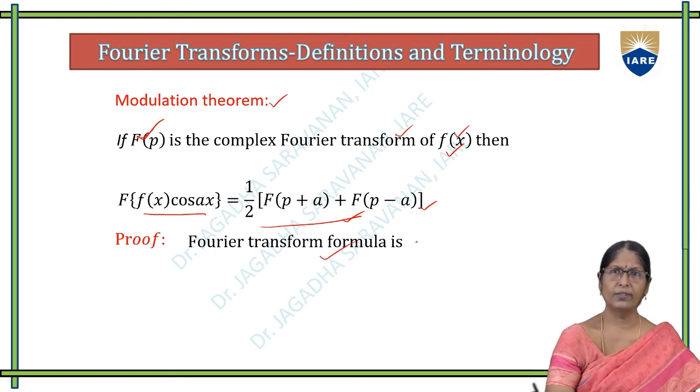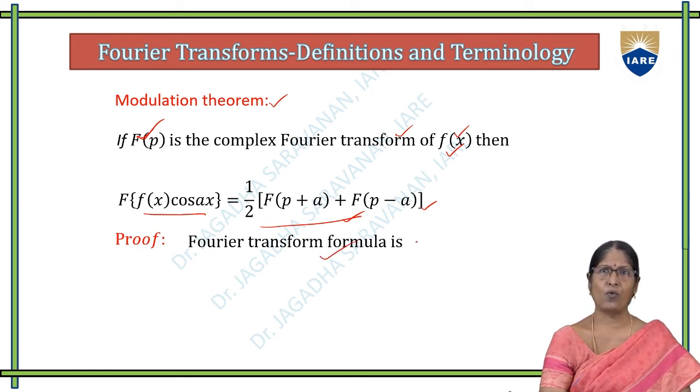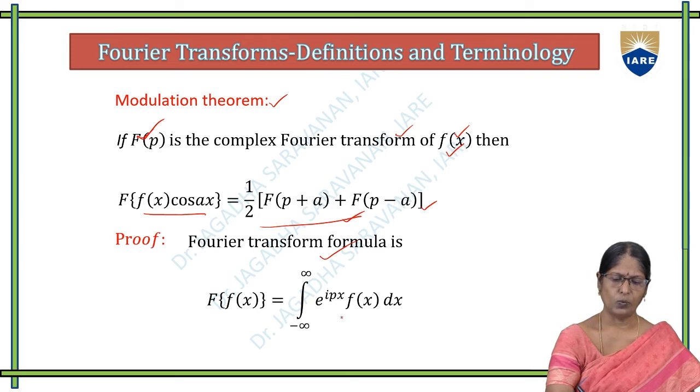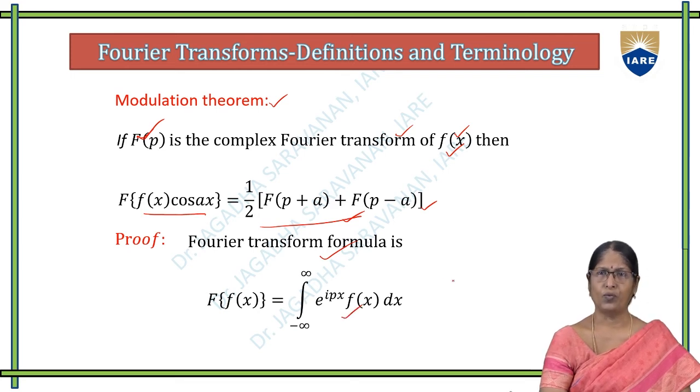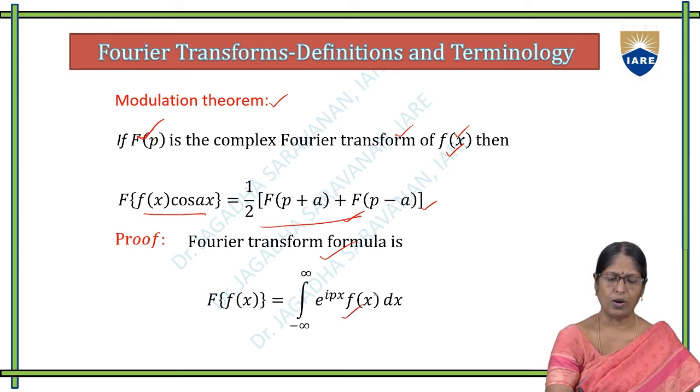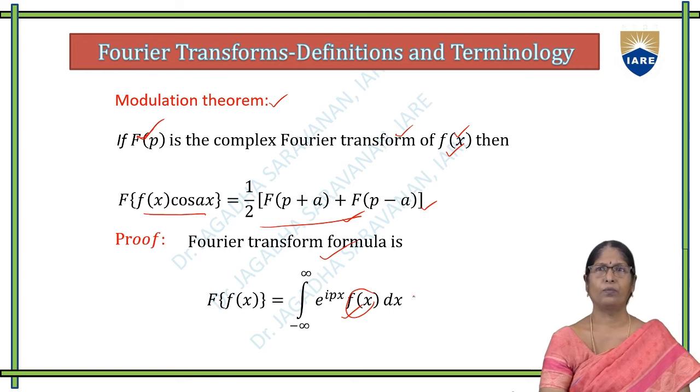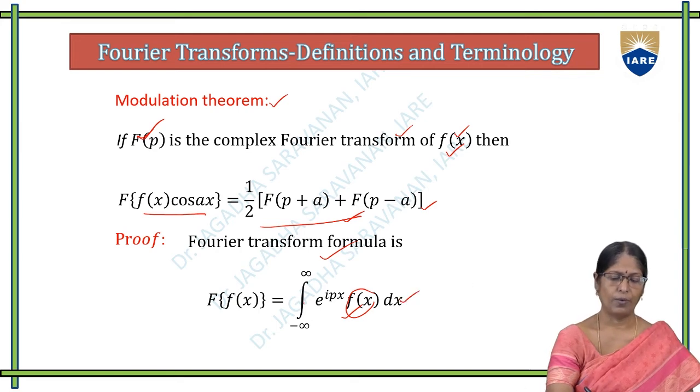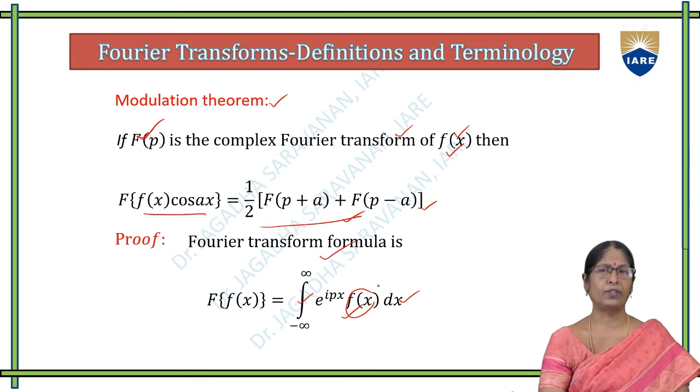So for this, the Fourier transform formula is, which is written, our function multiplied by e power ipx, integrating with respect to x from minus infinity to infinity.